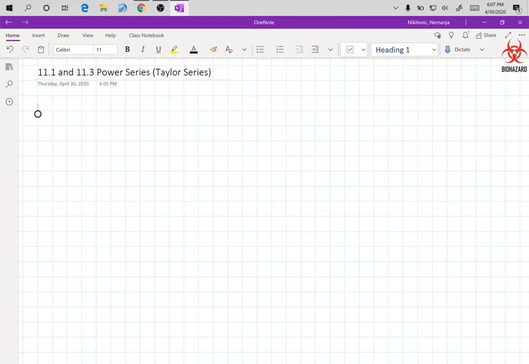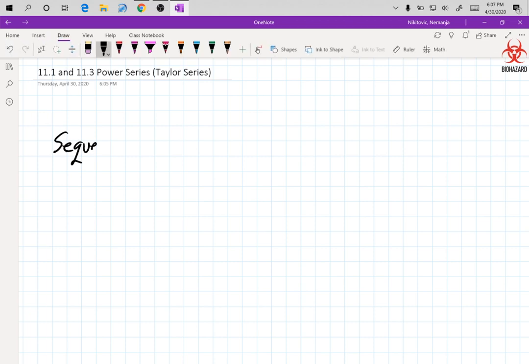So let's talk about power series. So far we dealt with creatures like a sequence, a_n, which had members a_0, a_1, a_2, a_3, just an ordered list of numbers.